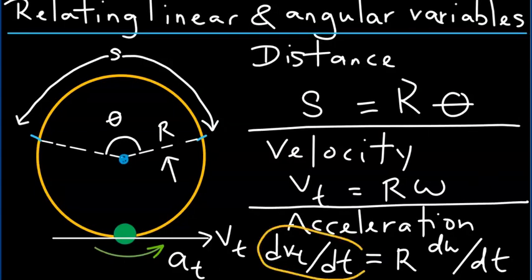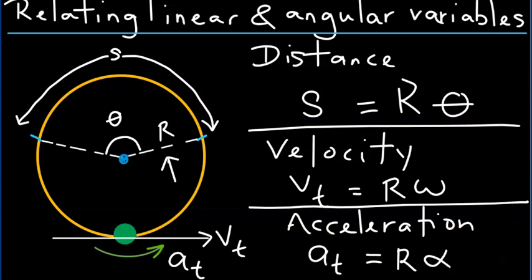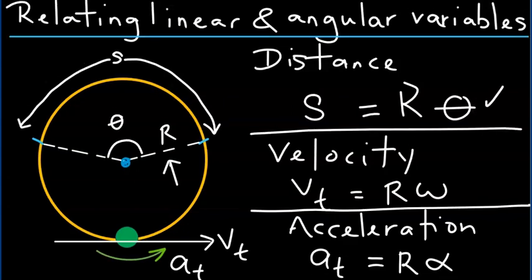The left-hand side, dv_t/dt, is your tangential acceleration, and d omega/dt is the angular acceleration. So we can write, to relate these two variables, a_t equals r alpha. The subscript t again denotes the tangential direction of that acceleration. To summarize, these three equations relate the linear and the angular variables respectively.